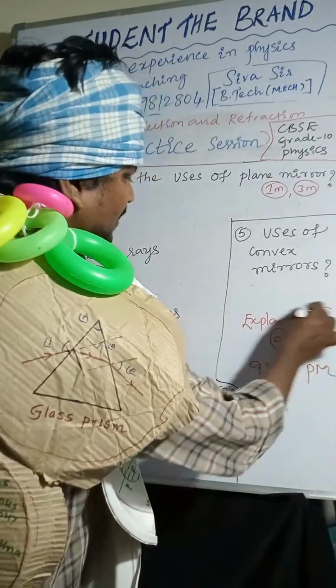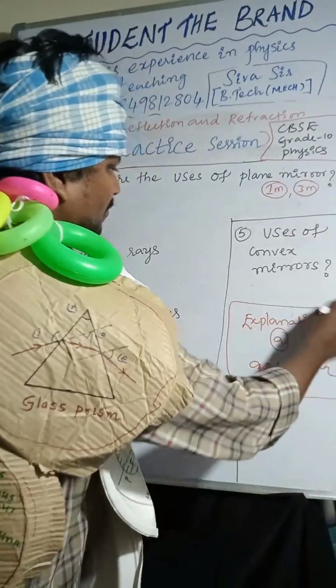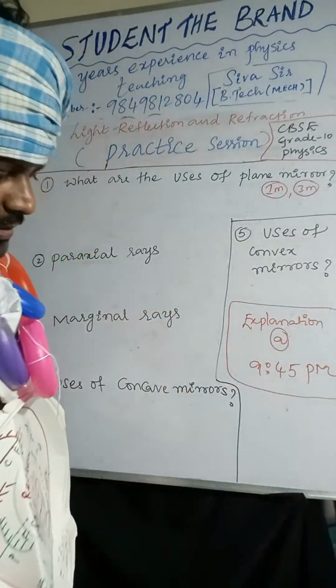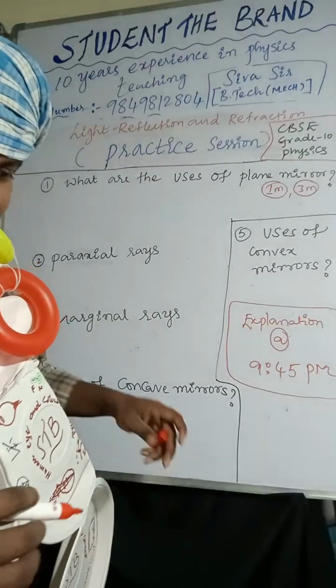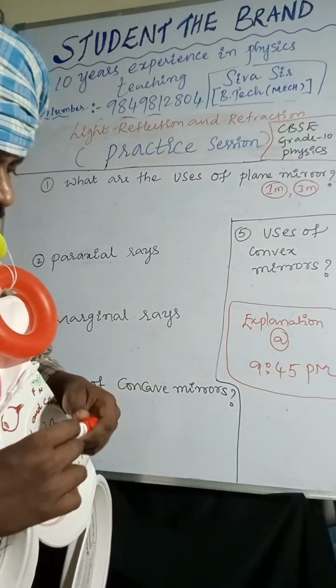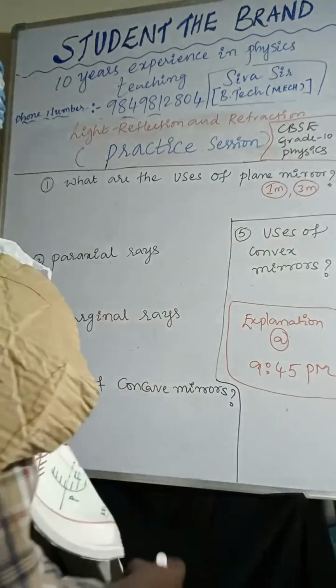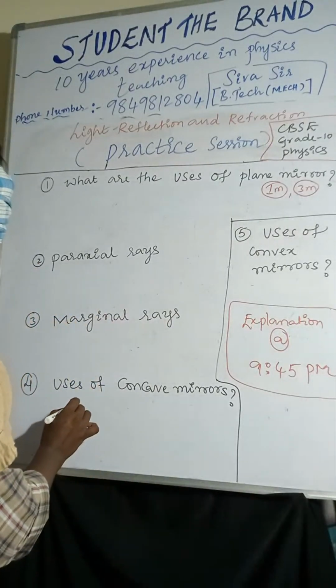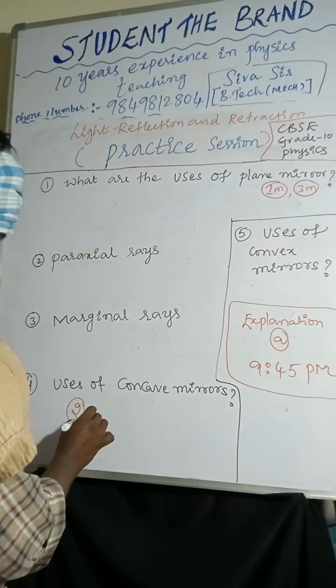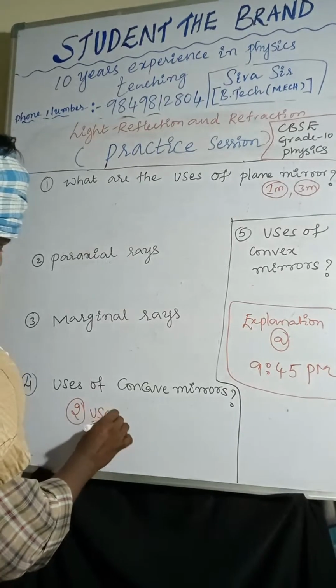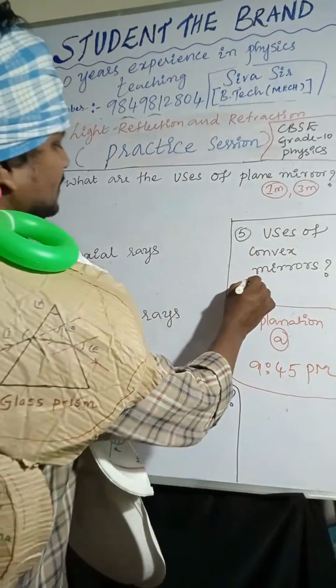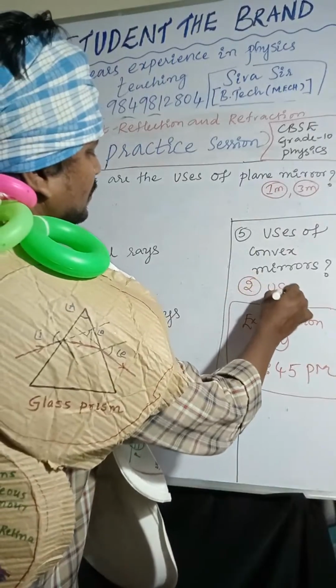We'll see how many are going to give the answers. Uses, at least two. Two uses you can write, and here also two uses, minimum two uses.